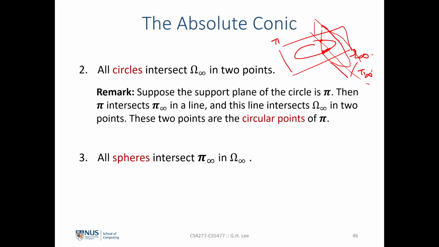These 2 points must be the circular points I and J that we have defined earlier.